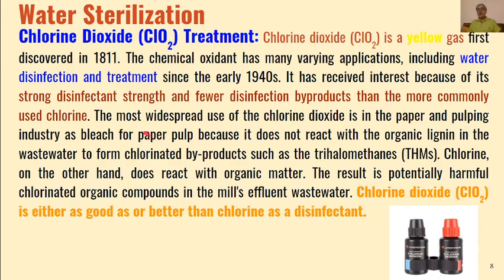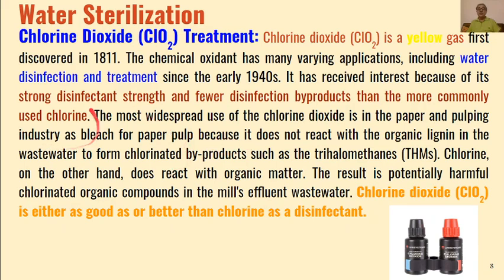That is why the most widespread use of chlorine dioxide is in the paper and pulp industry as a bleach for paper pulp. This is because chlorine dioxide does not react with the organic lignins present in the paper and pulp.